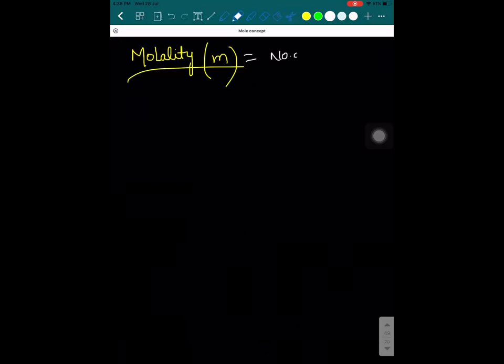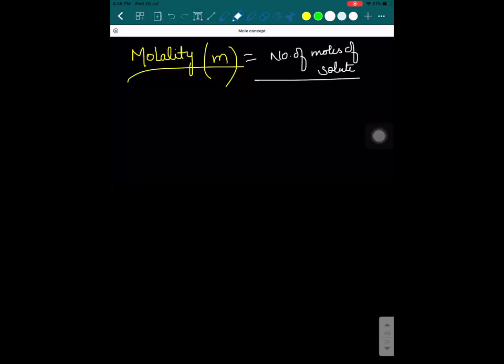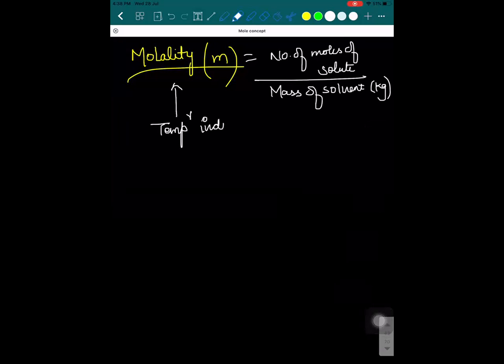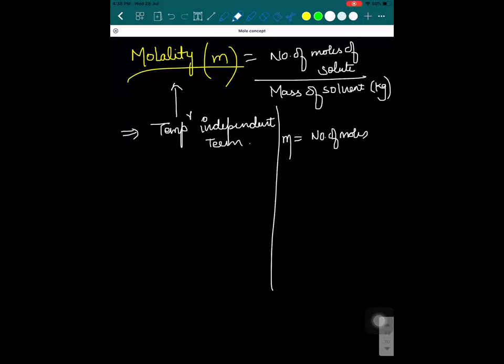It is the number of moles of the solute by mass of solvent in kg. But if you take it in grams, then it will be multiplied by 1000, and it is a temperature independent term. And if you are taking this molality in grams, you have to multiply by 1000.